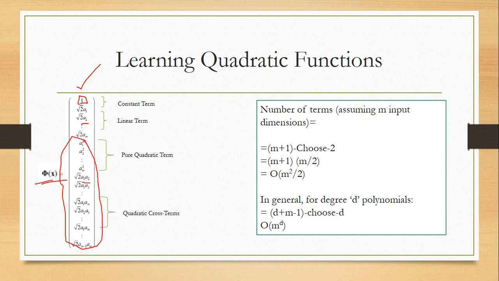And what about this one? Here once again you see a1 into a2, a1 into a3. In short, there are two loops, a nested loop. If the outer loop goes from 1 to m, then the inner loop will start with j equal to i plus 1.